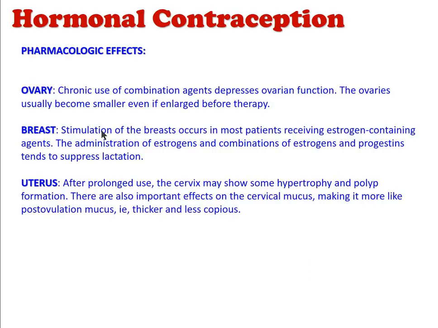Okay, so what are the pharmacological effects? The ovary: following chronic use, it depresses ovarian function. So ovaries become smaller, and it stimulates the breast, and the combination of estrogen and progesterone suppresses lactation, and after prolonged use, the cervix may show hypertrophy and polyp formation.